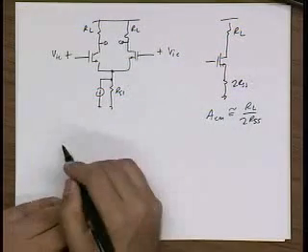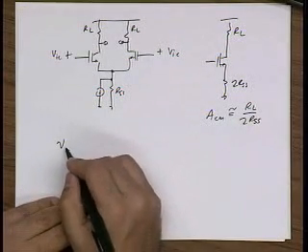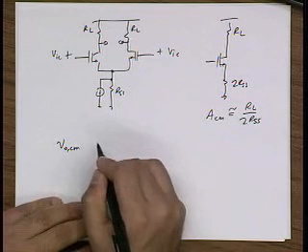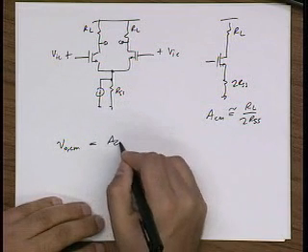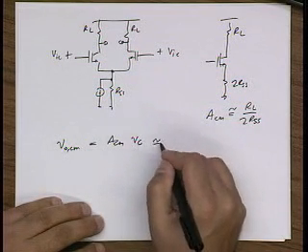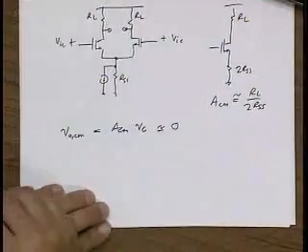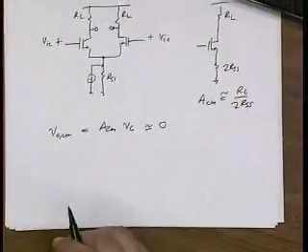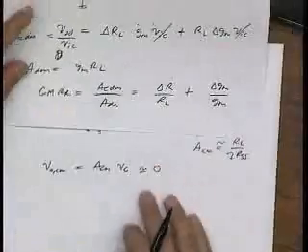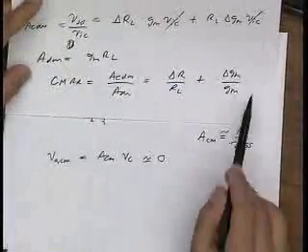So now the common mode output is going to be ACM times the common mode input, which is practically 0, right? And so now I'm taking a very small number. Then again, the same would apply here.